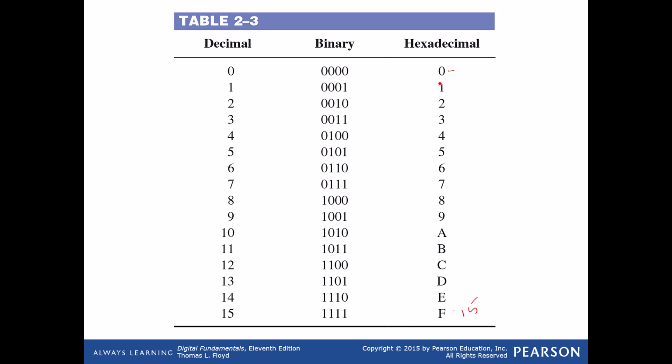And as I mentioned in a previous slide, the usefulness of hexadecimal is that every 4 binary digits can be represented as one hexadecimal digit. That's why we like it.